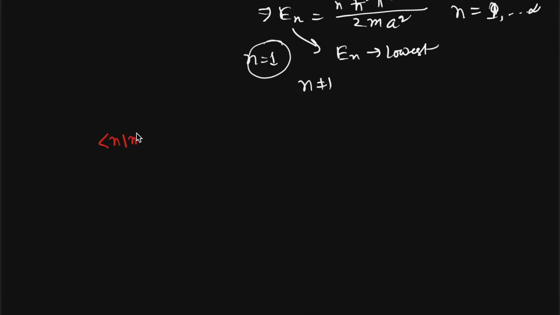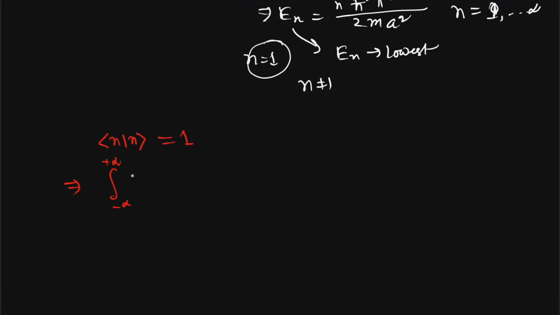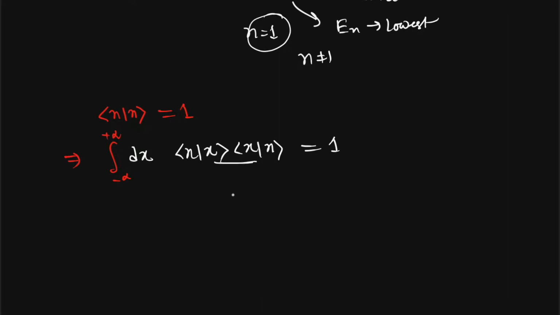So that means ⟨n|n⟩ should be 1, which actually means the integral from minus infinity to plus infinity of dx ⟨n|x⟩⟨x|n⟩ should be 1. Here we use the completeness relation of the position kets.